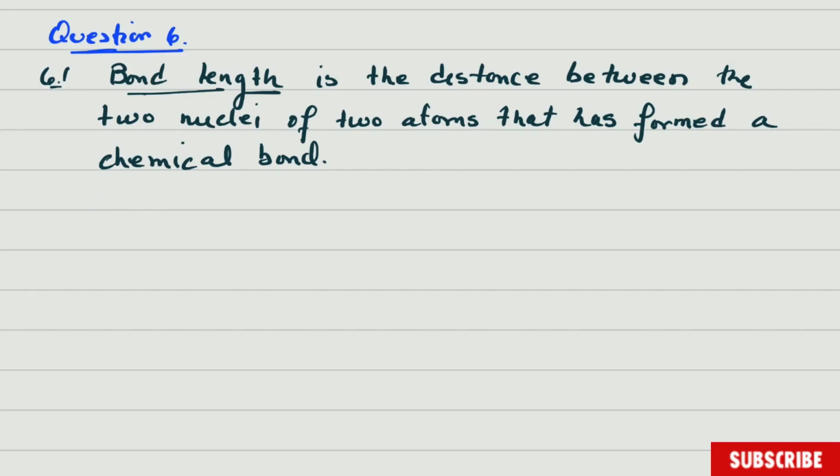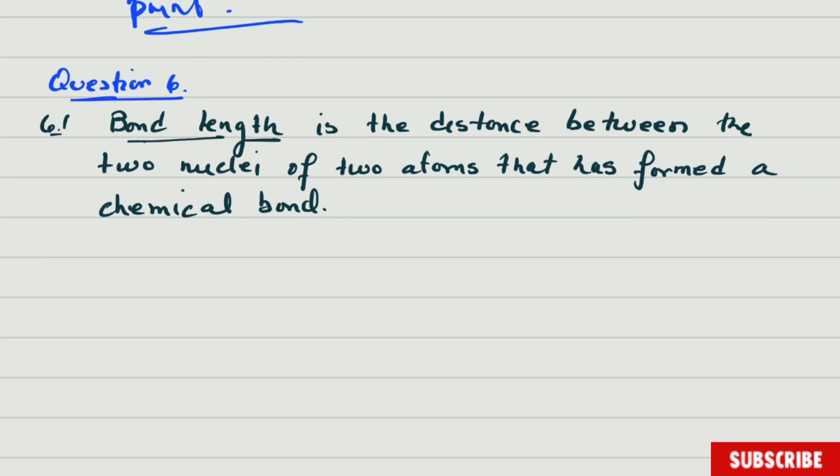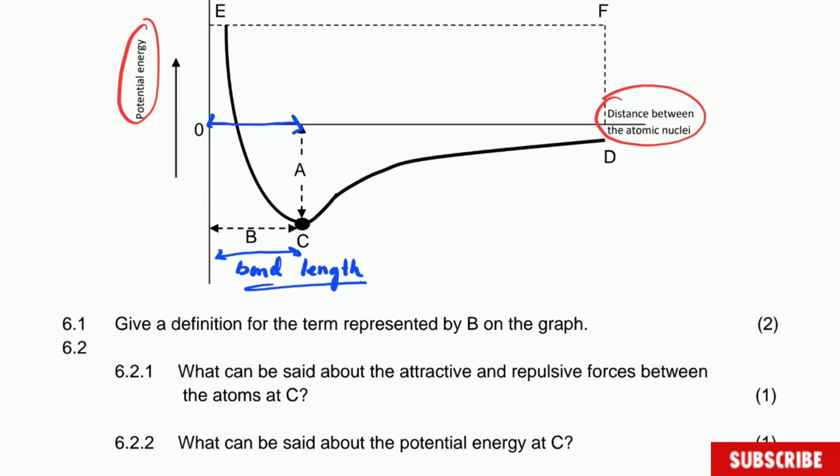The definition of bond length is the distance between the nuclei of two atoms that have formed a chemical bond. That is the definition for bond length. This is quite simple, guys. So I want you to know that in the graph, that one will represent the bond length.